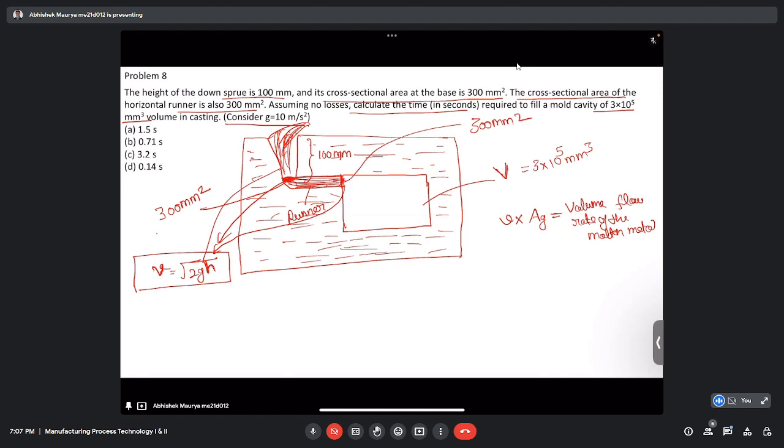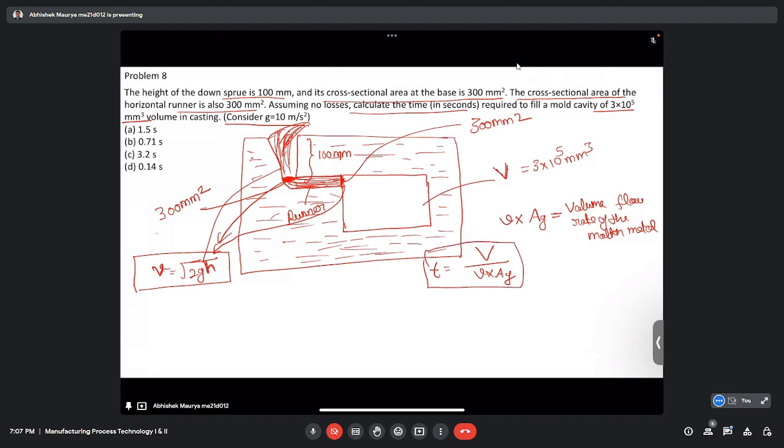So now we know the volume flow rate, and to calculate the overall time, we have to divide the total volume of the cavity by the volume flow rate. Okay, now it's easy.